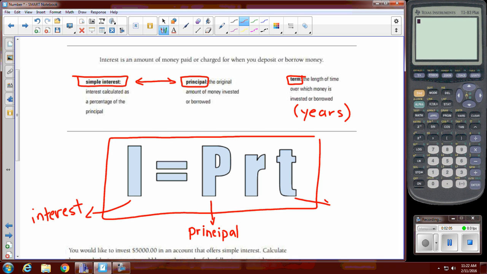We'll jump over here to T. This is the term, so how long you're borrowing it for or trying to save, and we're going to talk about this in years. And then there's R. R is our interest rate, and we always need to put this as a decimal. It's given to us as a percentage, but we want to work with it in math as a decimal. So interest equals the principal times the rate times the term in years.